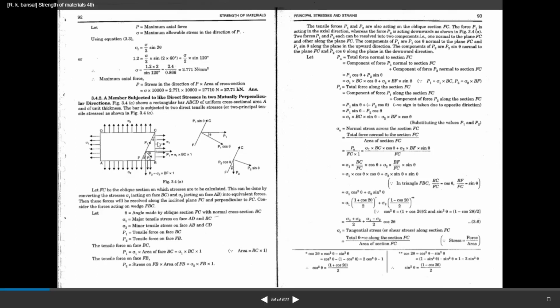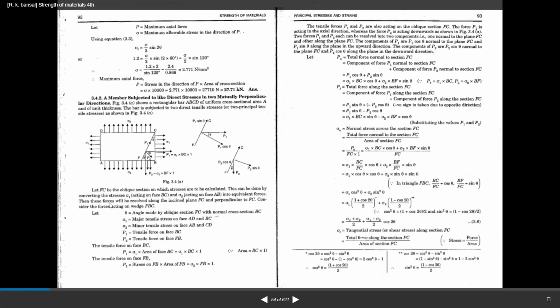This can be done by converting the stress sigma 1 acting on face BC, and sigma 2 acting on face AB, into equivalent forces.